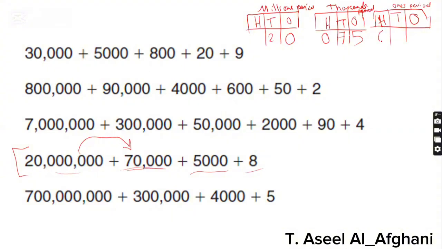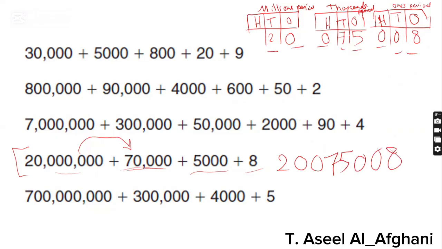No. So this hundreds place will be a 0, this tens place will have 0, and this ones place will have 8. So the number is 2, 0, 0, 7, 5, 0, another 0, another 8. And after 3 digits, I put a comma. So here we have a comma, 1, 2, 3, and here I have another comma. What is the number? It is 20,075,008. And now I'm gonna leave the last one for you. Tell me your answer.